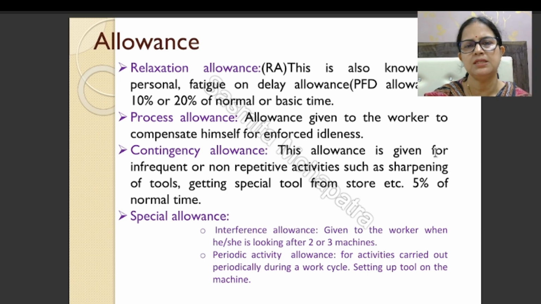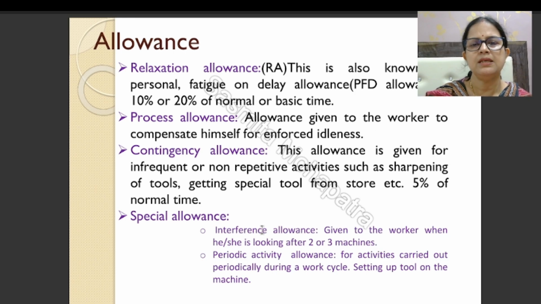Suppose we regularly visit to take a tool or get special tools, equipment, or go for sharpening the tools. So these are the contingency allowance, 5% on the basis of the normal time. We have to remember always the allowance is given on and over the normal time.